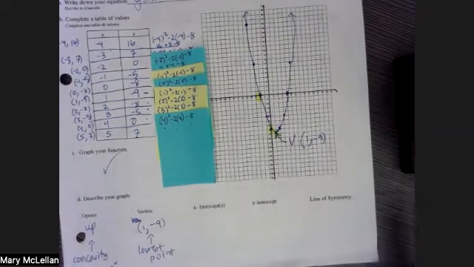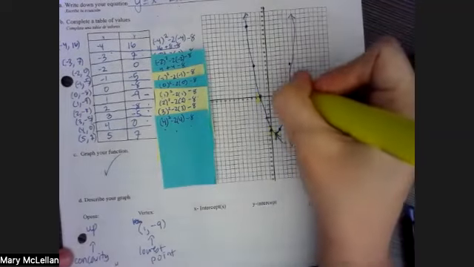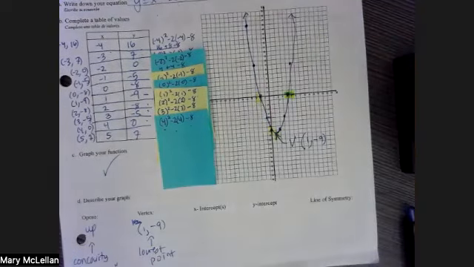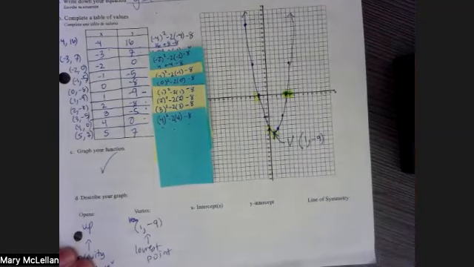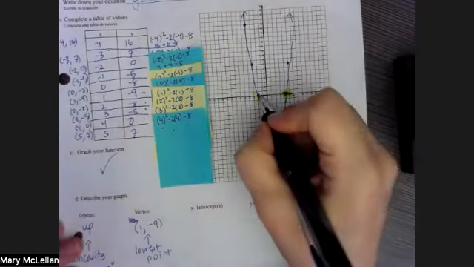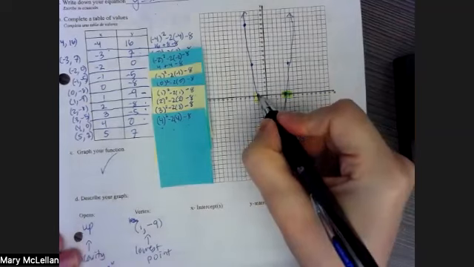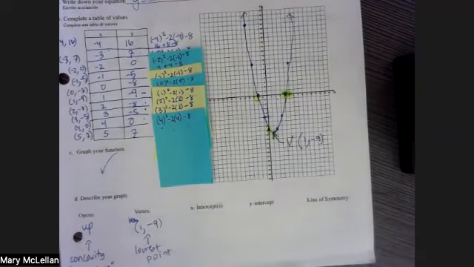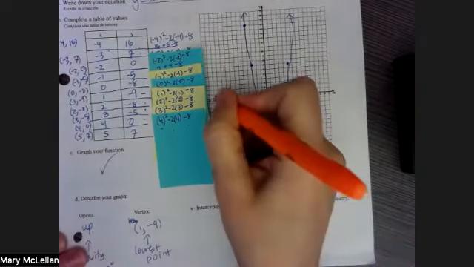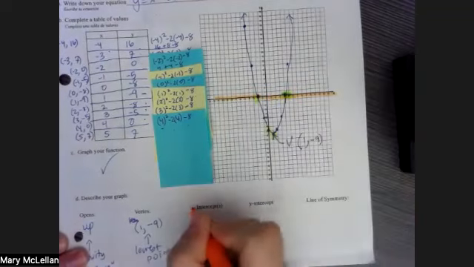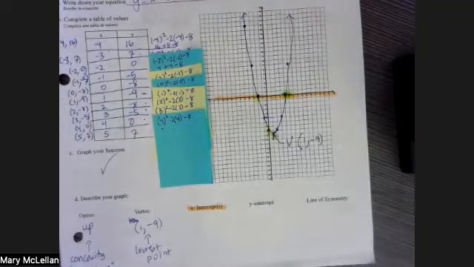Our x-intercepts. We've found x-intercepts and y-intercepts before, not as a class in IM2, but you did it in IM1 and hopefully in previous classes before that as well. Our x-intercepts are where our graph crosses the x-axis. Here's my x-axis. My x-intercepts are where we cross.